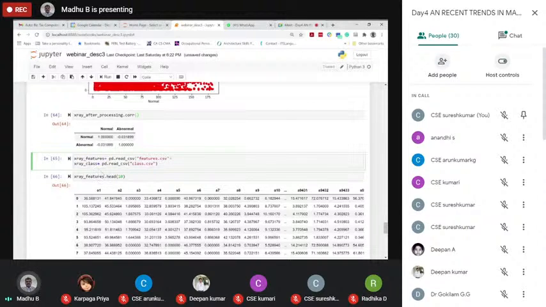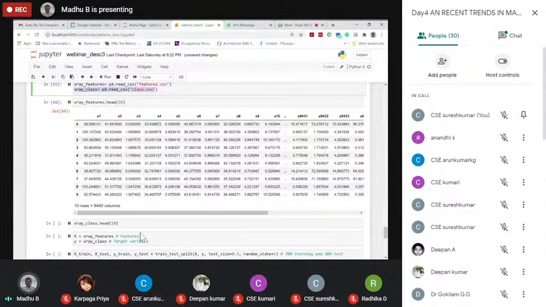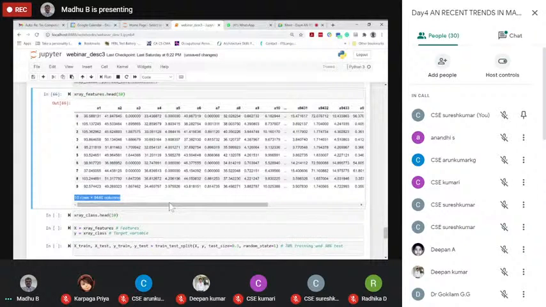I also have another file called class label.csv. Class label contains 47 outputs, which tell me whether it is a normal chest x-ray or a COVID chest x-ray. I am seeing the first 10 records, and it shows 10 into 9,440 records.